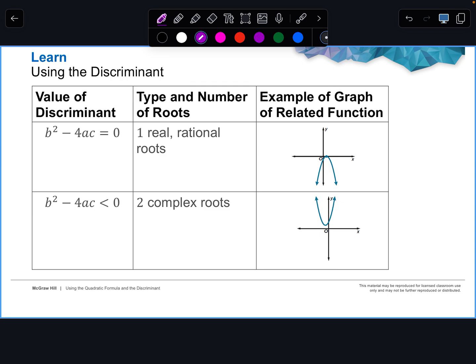So again, if the discriminant is positive, I will have two real roots. If the discriminant is a perfect square, there'll be two rational roots. If it's not a perfect square, it'll be two irrational roots. If the discriminant is equal to 0, there will be one rational root. If the discriminant is negative, there will be two complex roots.